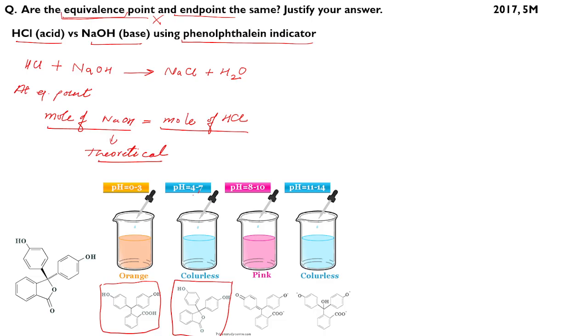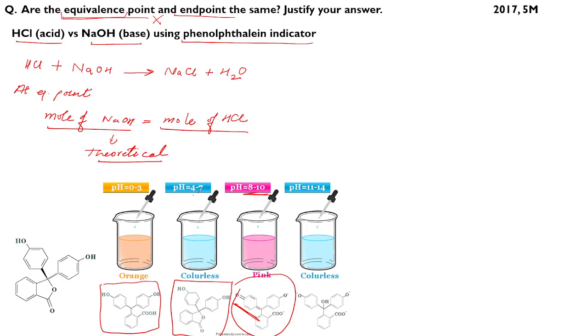And once the pH crosses 7 and reaches between 8 and 10, it will give you a pink color due to the formation of this quinoid structure. And after that, from 11 to 14, again this solution becomes colorless. So basically this is generally used for the indication of strong acid strong base titration.